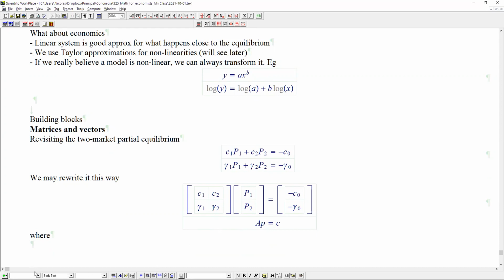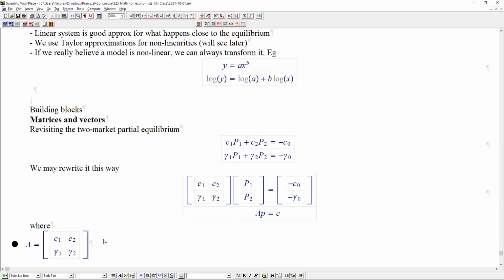All right, A is this thing. We're going to see it is a 2 by 2 matrix of coefficients.